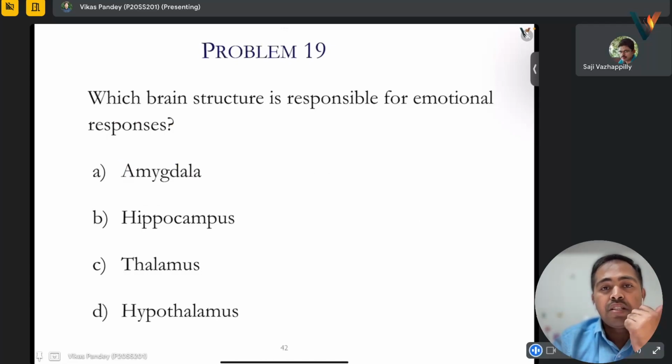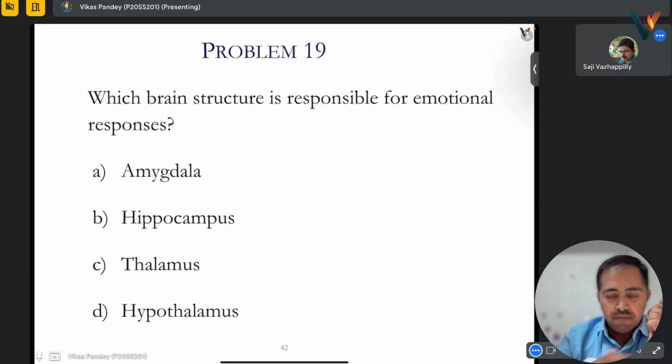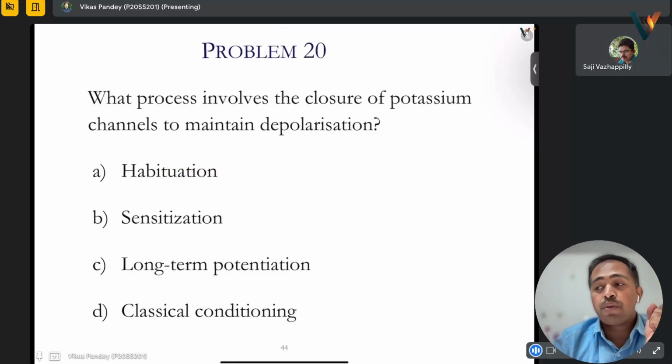Which brain structure is responsible for emotional responses? Amygdala, hippocampus, thalamus, or hypothalamus? Amygdala is responsible for emotional response. What process involves the closure of potassium channels to maintain depolarization? This is something we have been discussing from the first class itself, right?